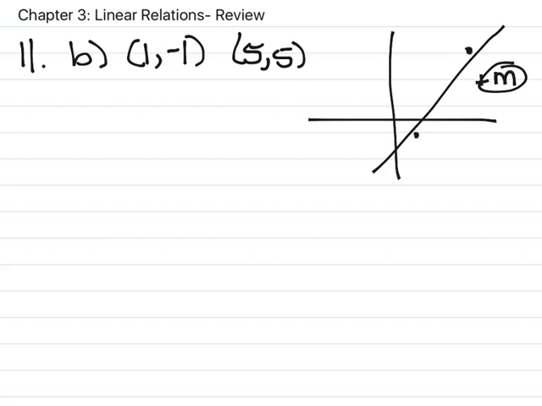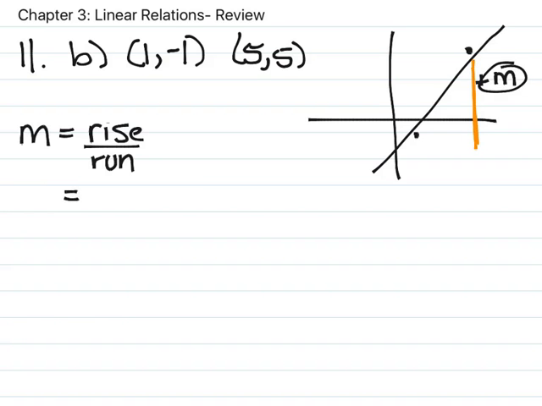It's always nice to draw a sketch, even when it doesn't ask you to. However, if you're confident that you don't need to, then go for it. I recommend drawing. I also like drawing. So, again, you're going to find your slope. So it's rise over run. So rise is going to be a change in your y values.